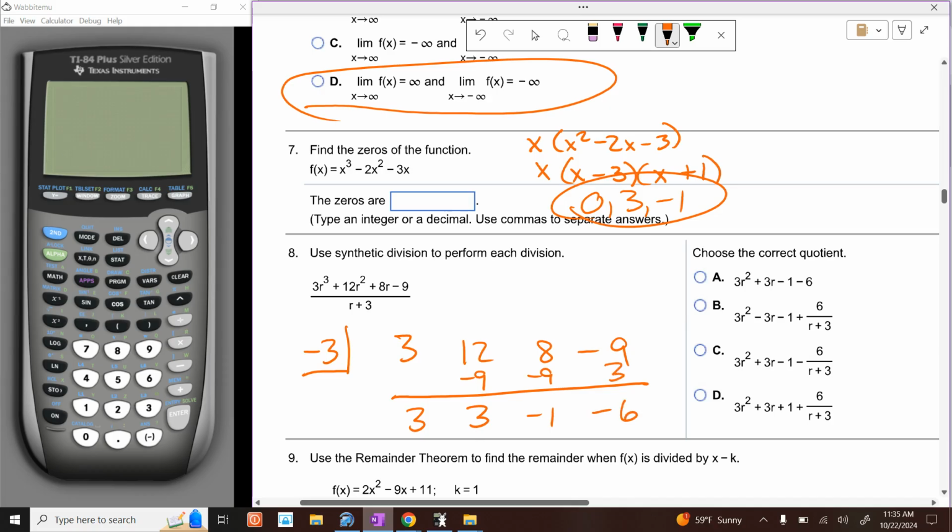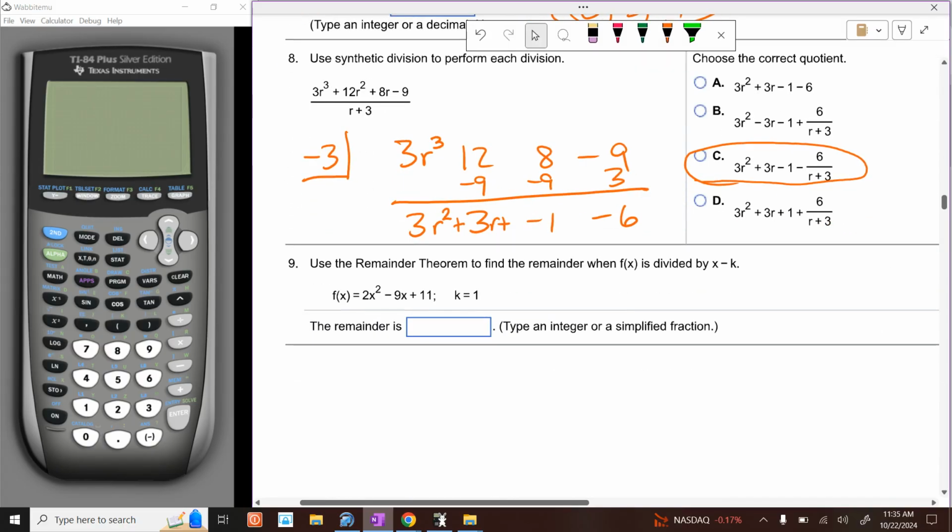And you get negative 6. So 3, 3, negative 1, 6. Now this was r to the third, so this would be r squared. You drop by 1 power. So 3r squared plus 3r minus 1 minus 6 over r plus 3. So that would be this one, C.